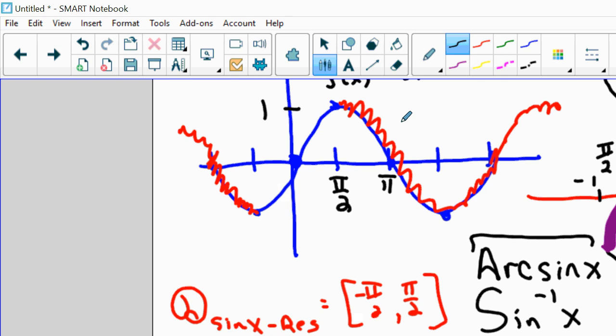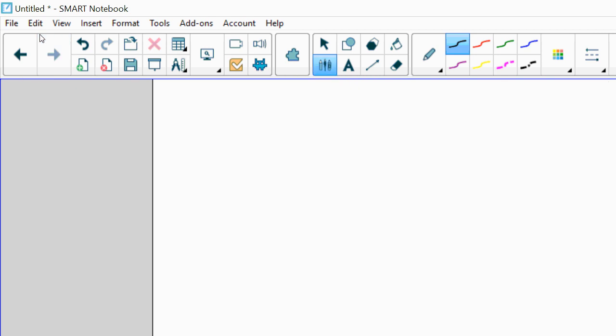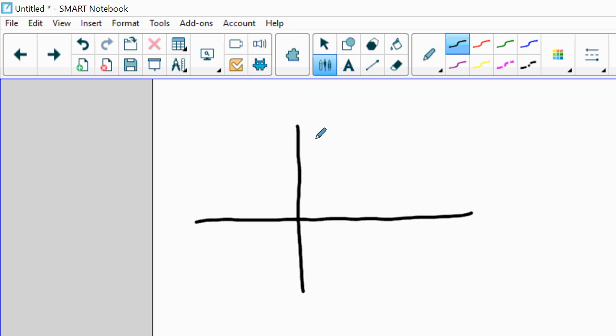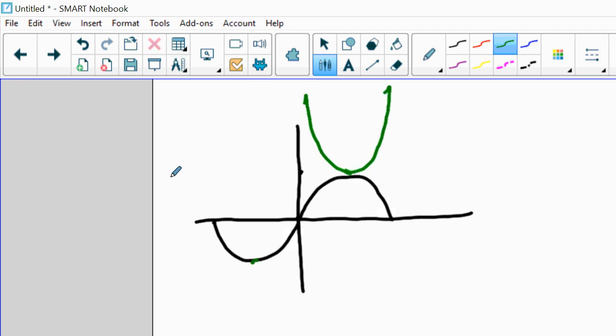Now, this page is kind of full, so I'm going to do inverse cosecant. I'm not going to do them all from scratch, but I'm going to give you a quick version of it. So we graph sine, and if you were to graph cosecant, you flip it over and create those asymptotes at those corresponding zeros.